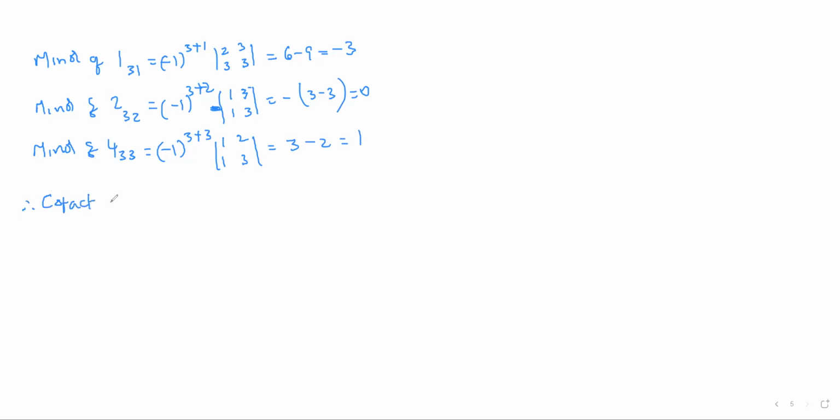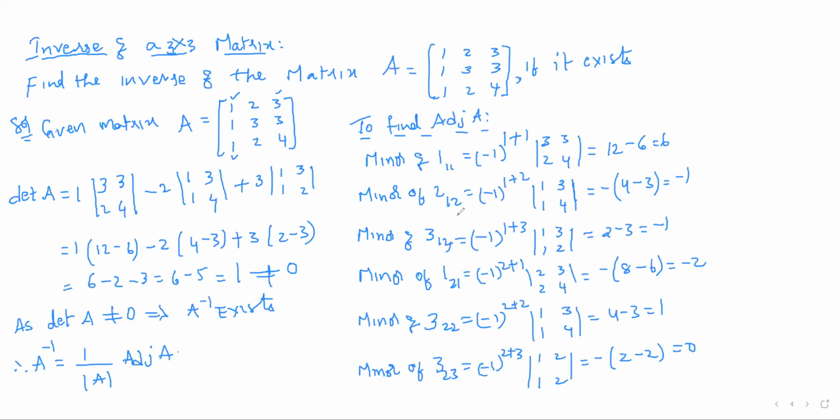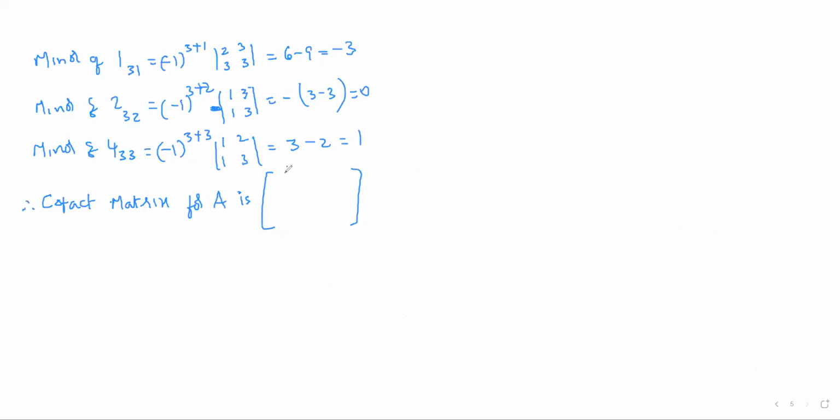Cofactor matrix for capital A. What about first row? In place of first row elements, original elements, we have to write down 6 minus 1 minus 1.